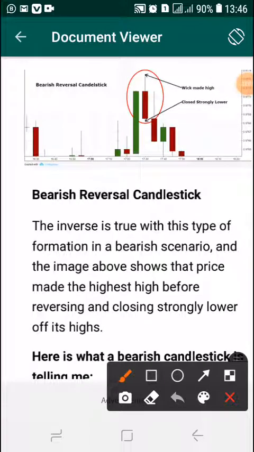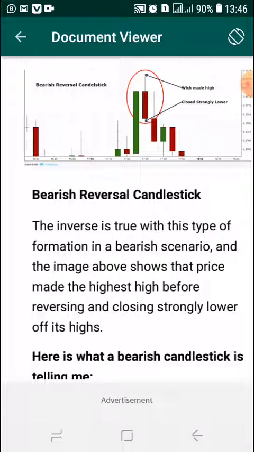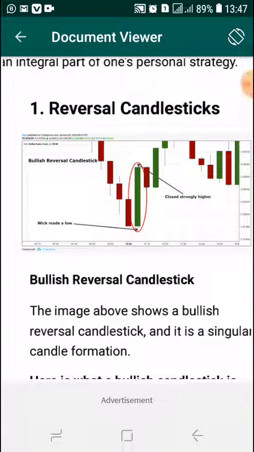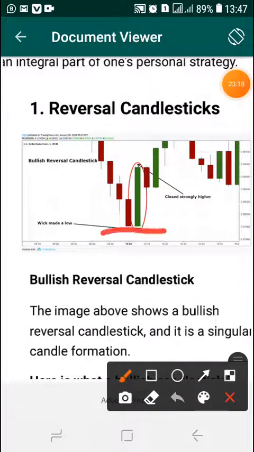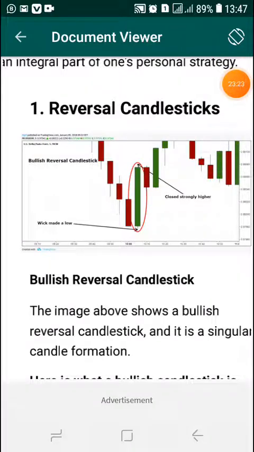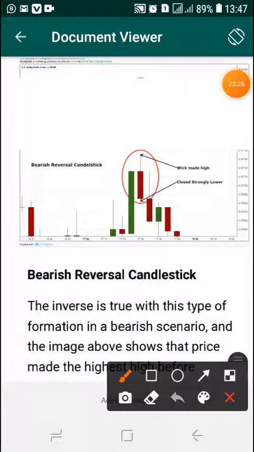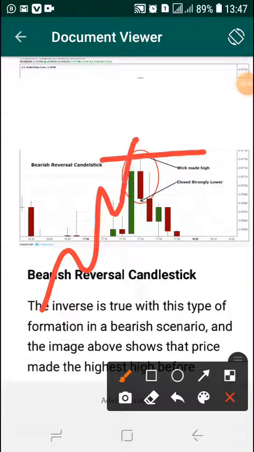That is how you notice this system. This is an inverse of the bullish one, right? Remember, the bullish one would form here at the support level, and then the bearish one will form here at the resistance level because the market is going up, right?